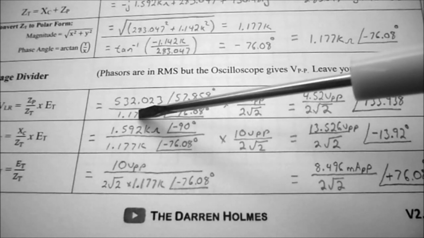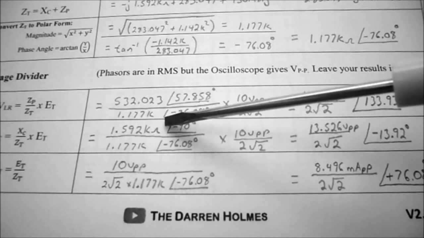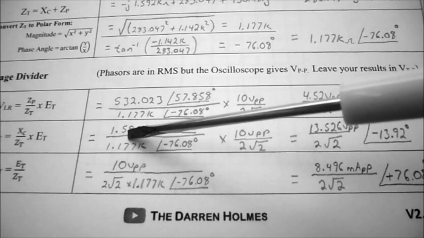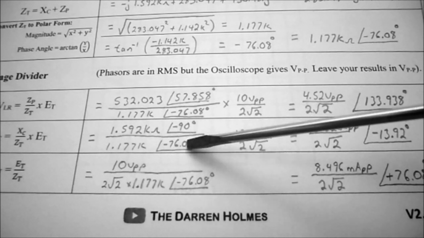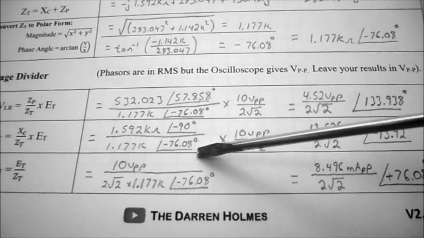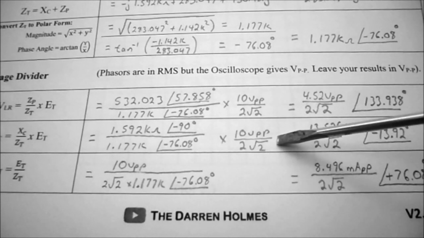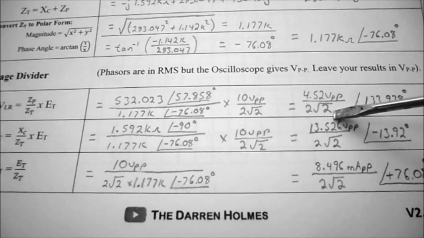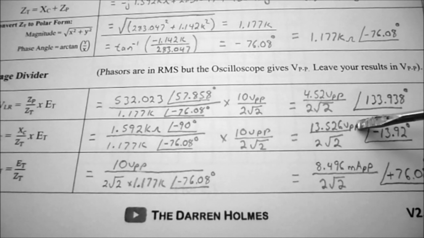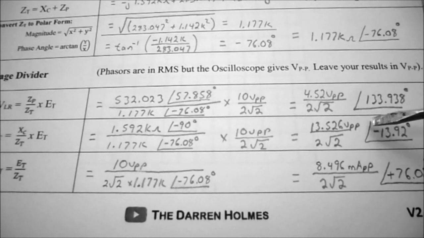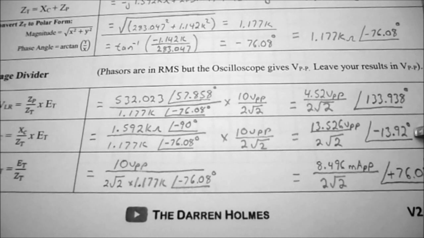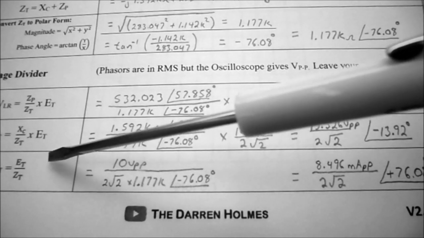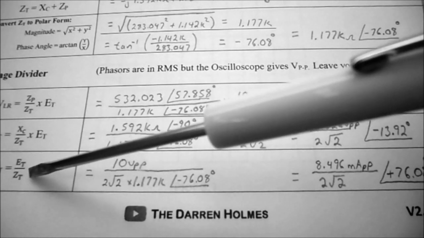So in this case it's 1.592 K at an angle of minus 90 degrees divided by 1.177 K at an angle of minus 76.08 degrees times our applied voltage of 10 volts peak to peak divided by 2 root 2, and that equals 13.526 volts peak to peak divided by 2 root 2 at an angle of minus 13.92 degrees. Then finally, to calculate I total, it's equal to E total over Z total.